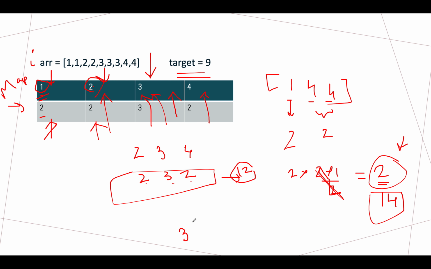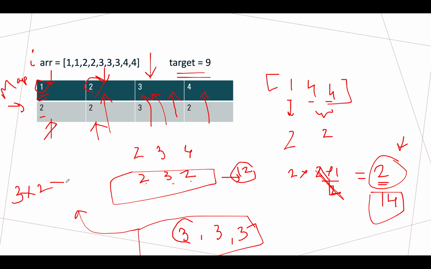Since it is there in the map, we found the third case. 3, 3 and 3 is the possible case. And what is the frequency of this? It is 3. So we'll use the third formula here, which is nothing but 3 into 2 into 1 by 6. So this gets cut and the value gets updated by 1. So the answer becomes 15, which is true.